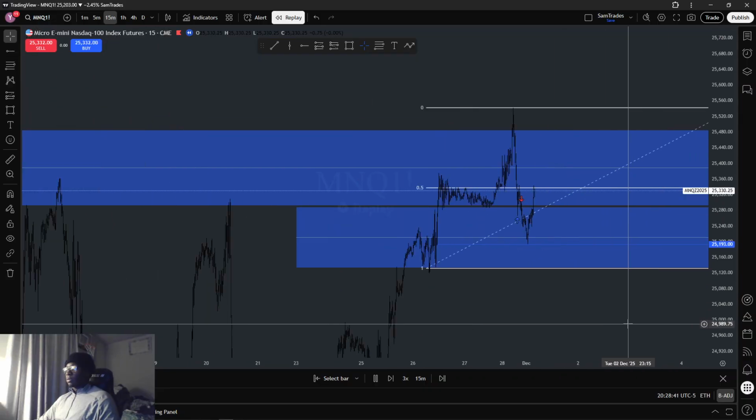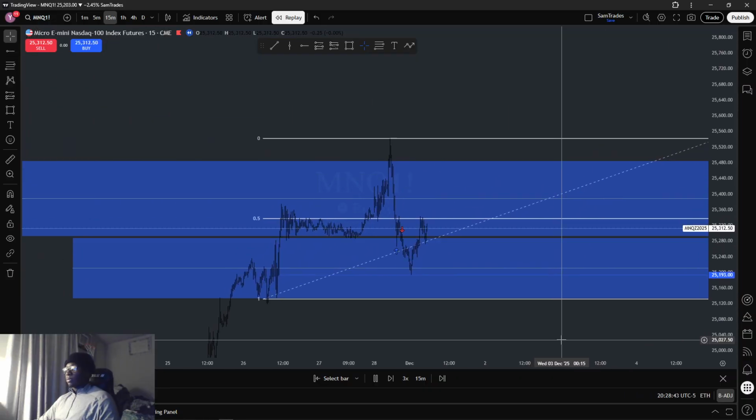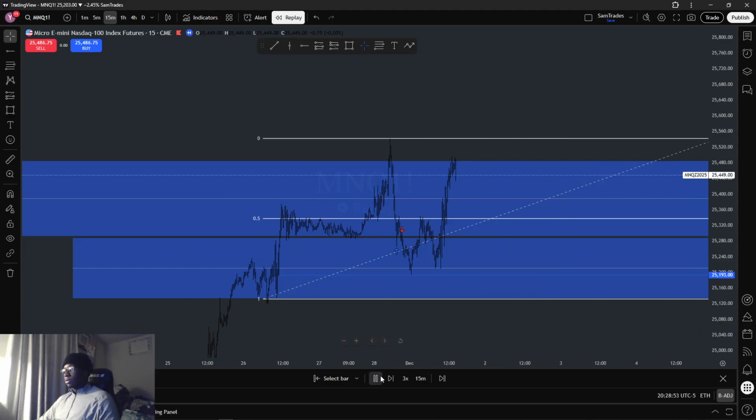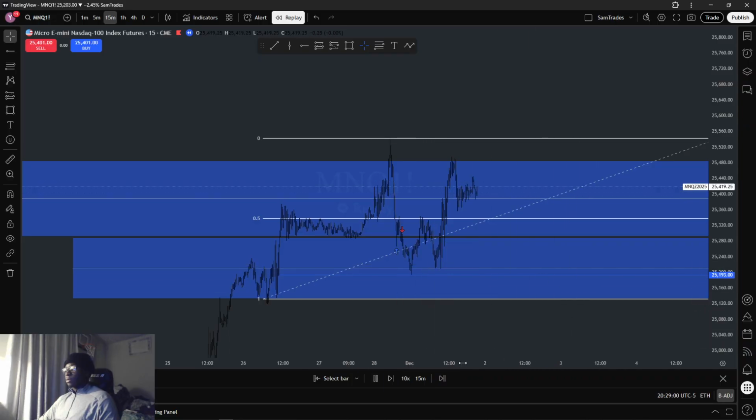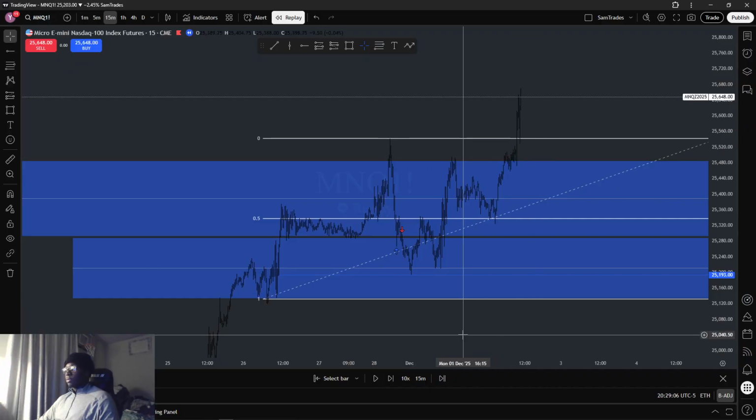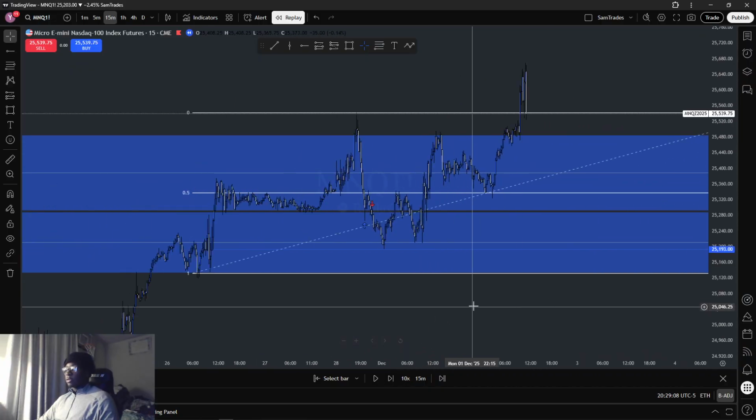It's probably gonna play out the way I wanted. Going all the way up. It's consolidating. Goes back down and taps it again. All the way up. Boom. So that would have been a very long trade.